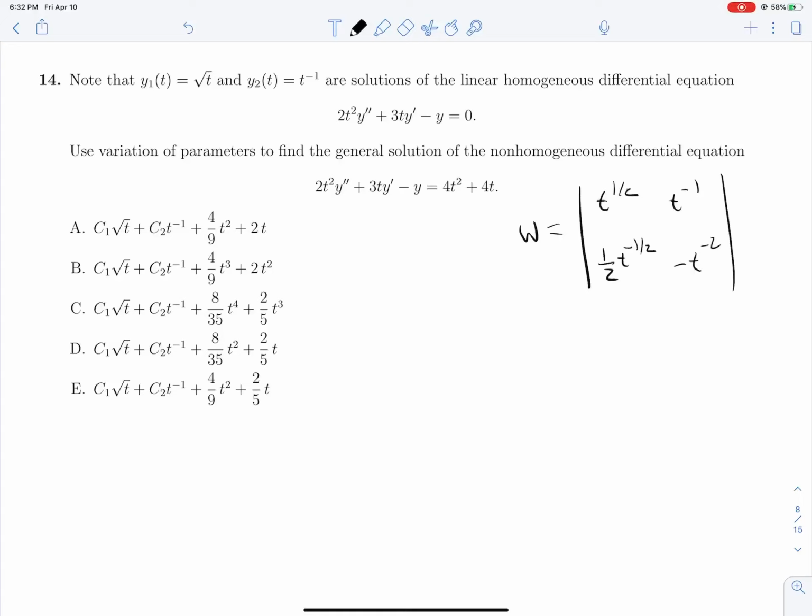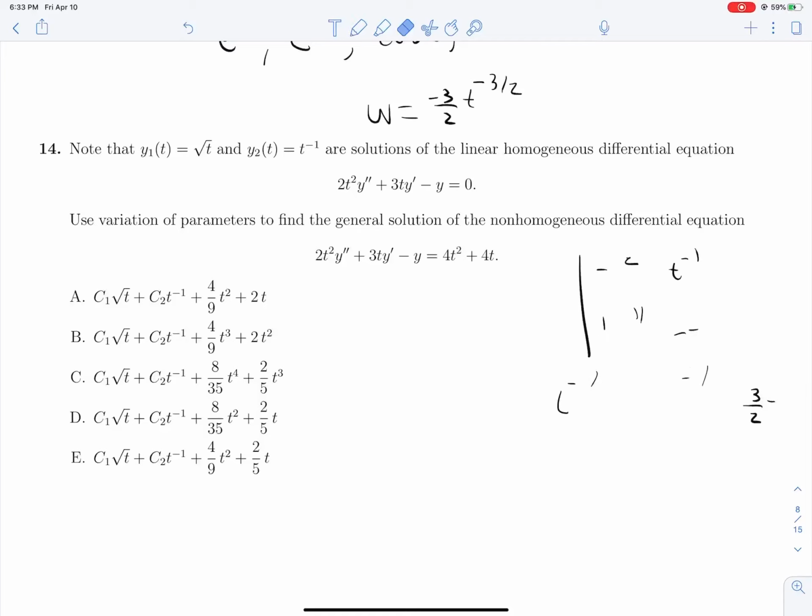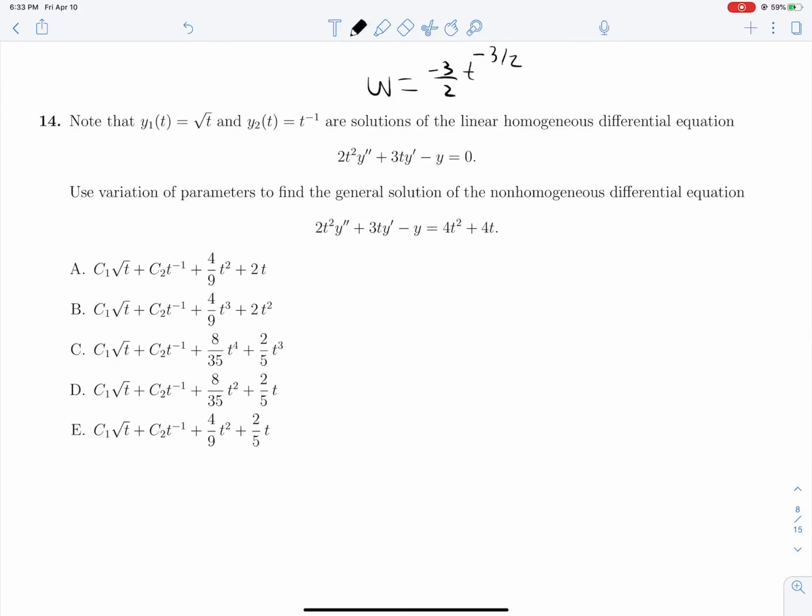Taking this determinant, we will get negative t to the -3/2 minus 1/2 t to the -3/2, which is equal to -3/2 t to the -3/2. I hope you can already start to appreciate how this is going to be a long one, so I'm going to put our Wronskian up here, -3/2 t to the -3/2, and get rid of all of this, because we're going to need all the space that we can get.